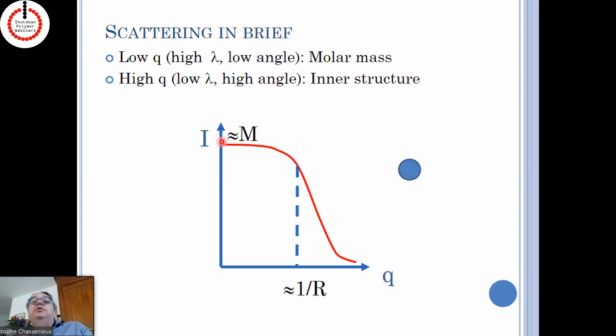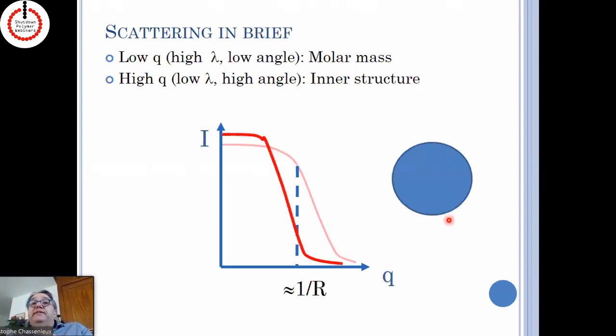And when you go from a plateau value of the scattering intensity and you see a sharp decrease of the scattering intensity, this sharp decrease occurs at a value which is indicative of the inverse of the size of the particles that you are looking at, which means that if you have bigger particles, you have an increase of the intensity at low Q, and you have a shift of your curve towards lower value of Q because the size is bigger. I hope it's clear for everybody.